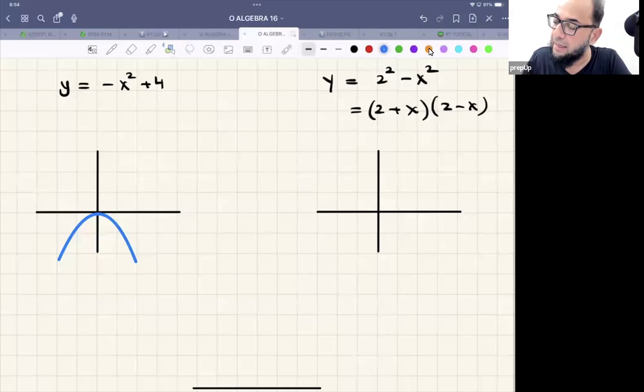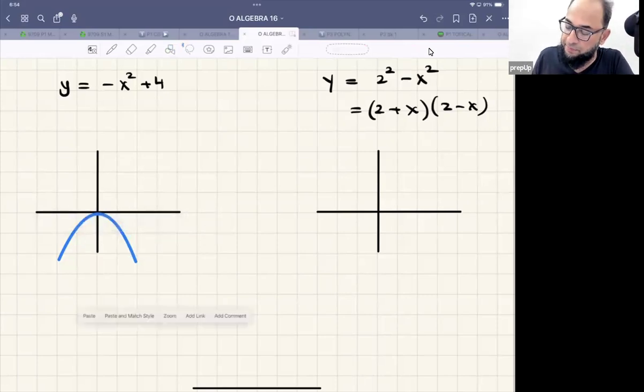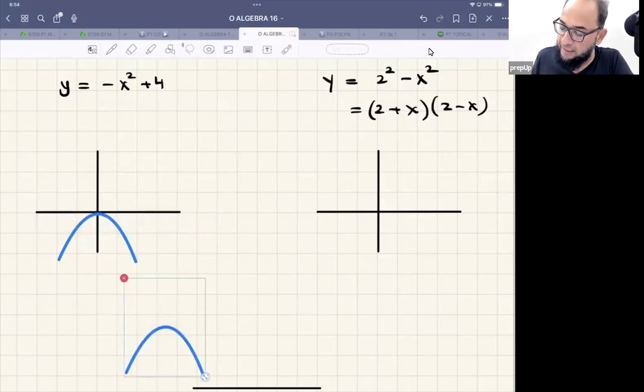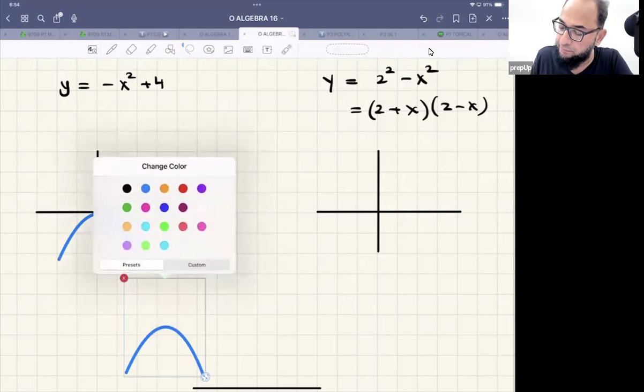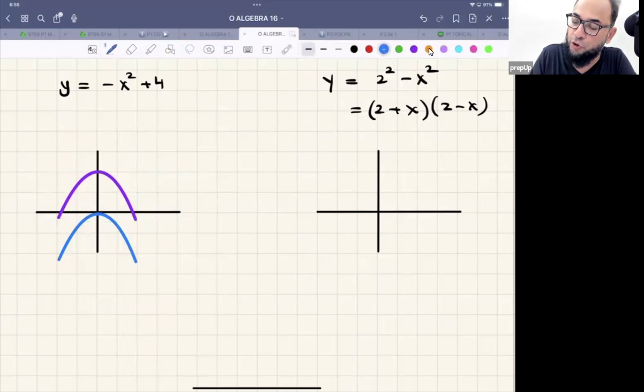And then let me copy this. Let me paste it. And let me change its color. So now this has been moved up by 4 units. So this was 0, 0, upside down. And this is 0, 4. So this is vertical translation up.